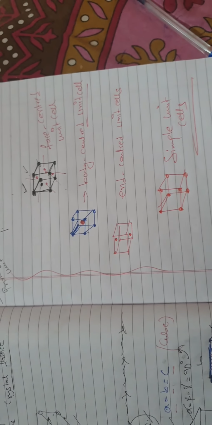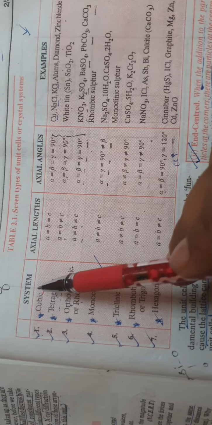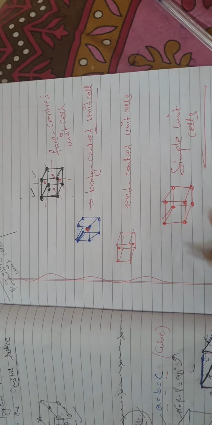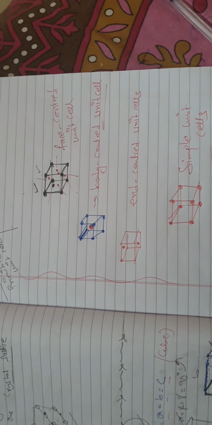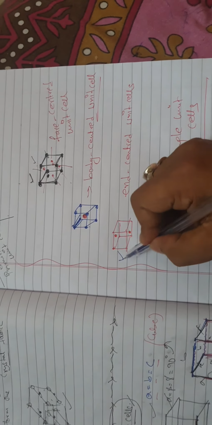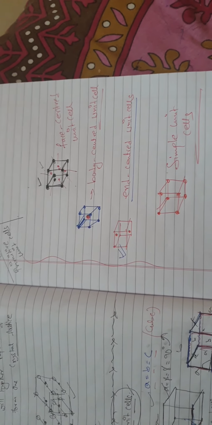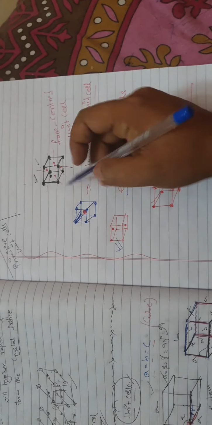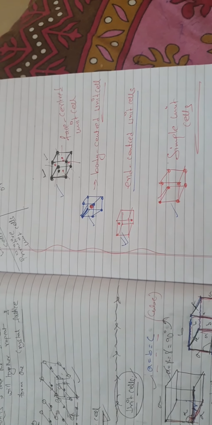Now you will think then for the cubic structure there will be 4, like you have shown here. No, my dear, I have just shown you end-centered here to make you understand. In case of cubic unit cell, end-centered is not found. So in case of cubic system, you find only face-centered, body-centered and simple.